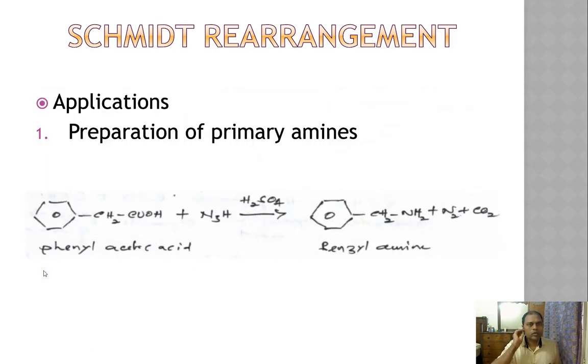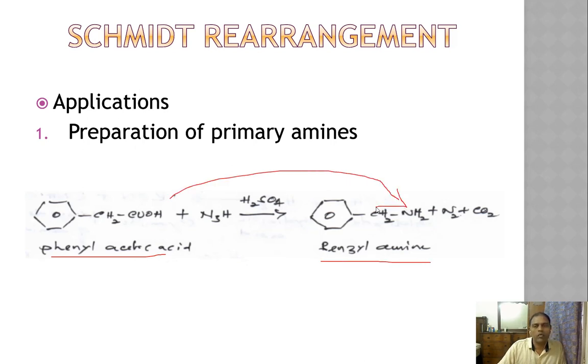So next we will look at the applications. First one is the preparation of primary amine. As you know, amines are formed from carboxylic acid. Here you are taking phenyl acetic acid, and from that benzyl amine is going to get formed. This amine is a primary amine.